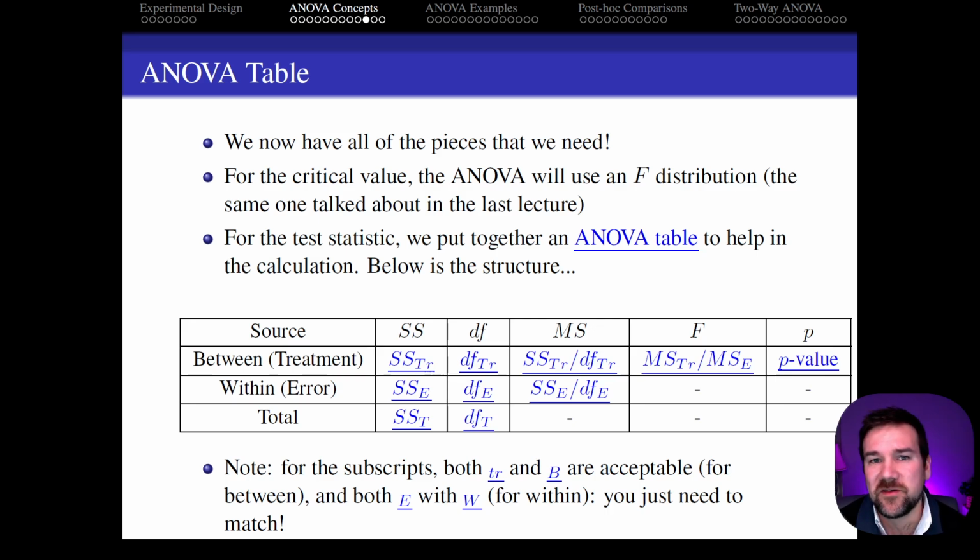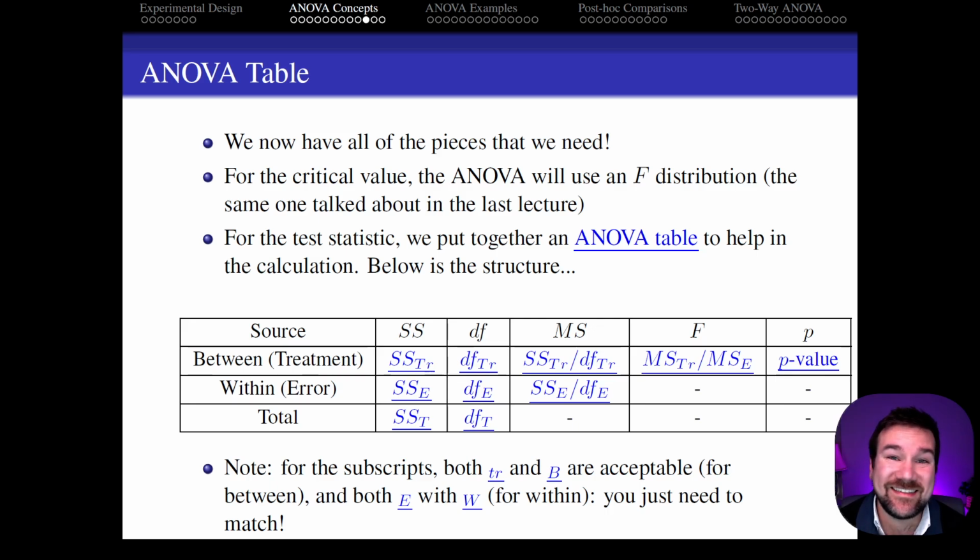All I need to find the F statistic is the ratio of the two mean squares. I just have to divide them. Because I only need those two, I don't calculate the mean squares for the total, because I'm not going to use that at all in my calculation for F or the p-value. I just need the mean squares treatment and the mean squared error, or the mean squares between and mean squares within. And again, F is the mean square between divided by the mean square within, or if you're using the other notation, as on the slide, the mean squared treatment over the mean squared error.